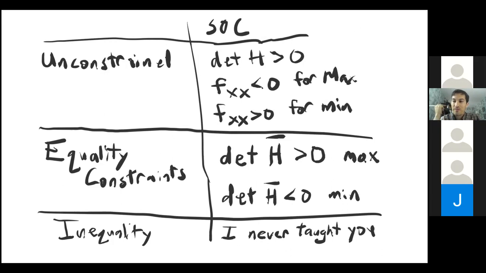I initially put F in the PowerPoint slides, but I did change it, and the slides now have an L instead of an F. So you just find the second derivative of the Lagrange equation. Correct, with respect to XX, XY, YX, YY. The entire equation, not just the Lagrange part of it.